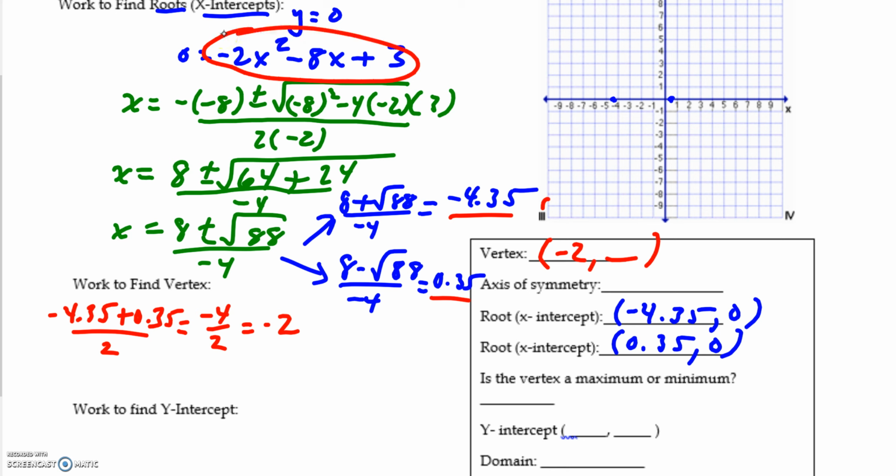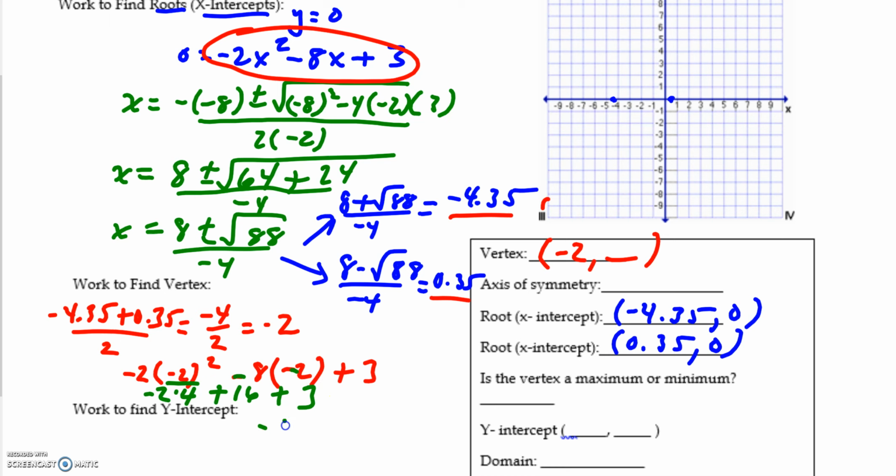And again, to find that something, you'd need to take the negative 2 and plug it into the original equation for x. So that would be negative 2 times negative 2 squared, minus 8 times negative 2, plus 3. If I follow the order of operations, I would do the exponents first. So negative 2 squared is 4, times negative 2, and then negative negative gives plus 16, plus 3.